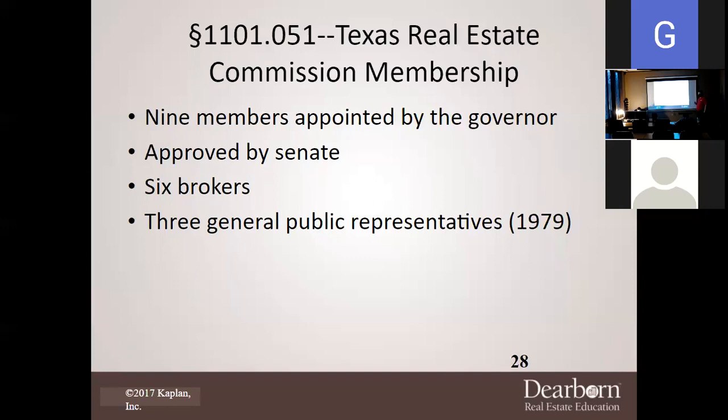Very key here, they will ask this question. They ask how many members there are. There are 9. Who appoints them? The governor. And who approves them? The Senate, not the House, the Senate. Now, of those 9 members, 6 must be brokers, and 3 are general public representatives. Okay? You'll have to know every one of those numbers.